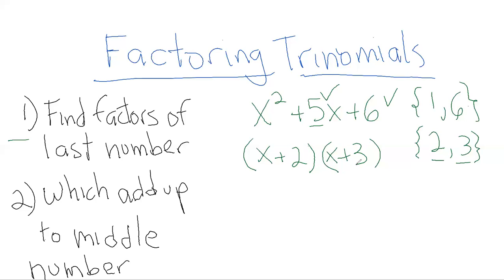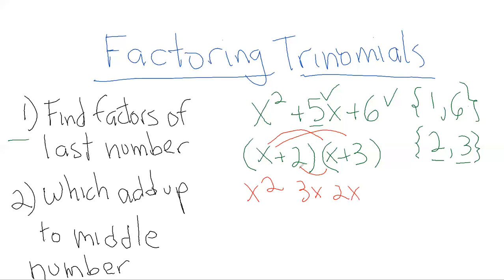And if we want to check, we can do the multiplying binomials thing, where this is x times x. Let me just do that. X times x is x to the second power. X times 3 is 3x. Then 2 times x is 2x.